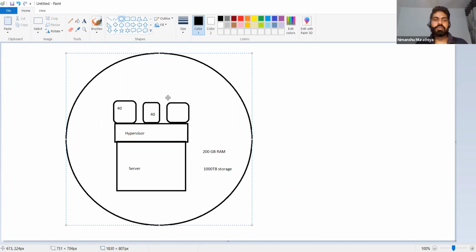You should know about these things, but you are not managing them. You only have to go to the portal and use the service resources, and everything will be managed by the cloud provider.